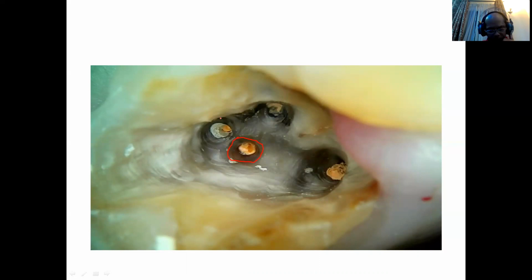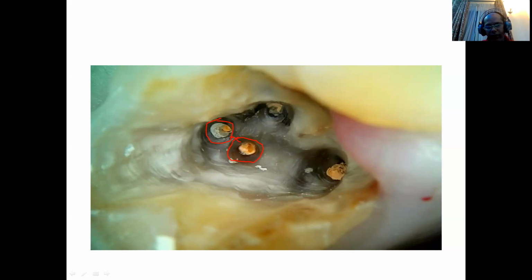You can see the main MB canal, the mesiobuccal canal, and you can see the location. There is a groove here connecting these two canals. That is actually a guide: if there is a groove at the main canal going palatally, that indicates there could be another canal.